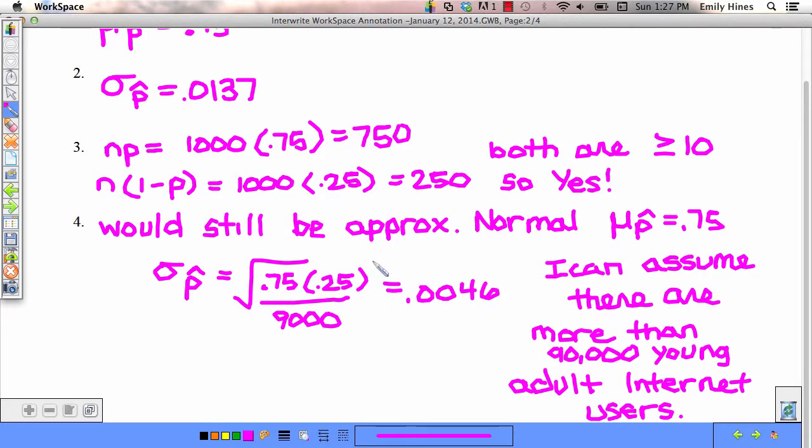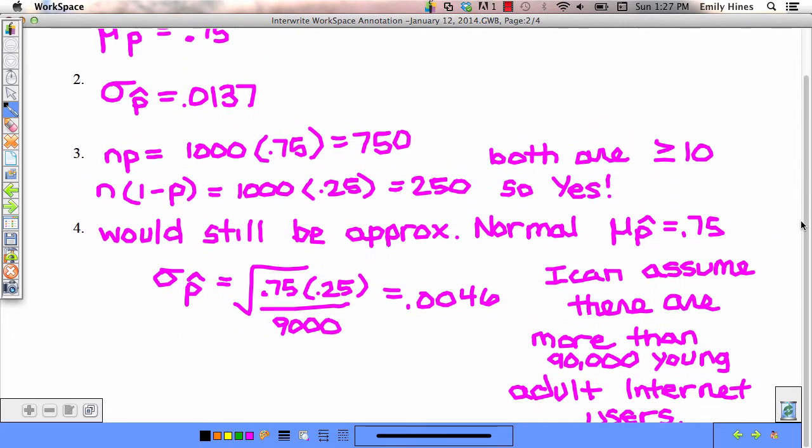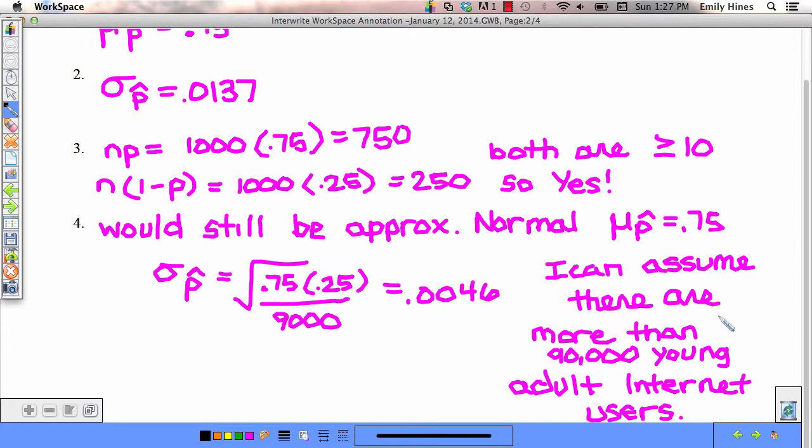Okay, there's a couple of things to note here. The reason I have to assume this is because I have to talk about the 10% condition in order for me to assume it's independent and be able to use my standard deviation. So again, always remember the 10% condition. Something else that you want to do is right here, say 9,000 times 10 so that they can see where this 90,000 is coming from.